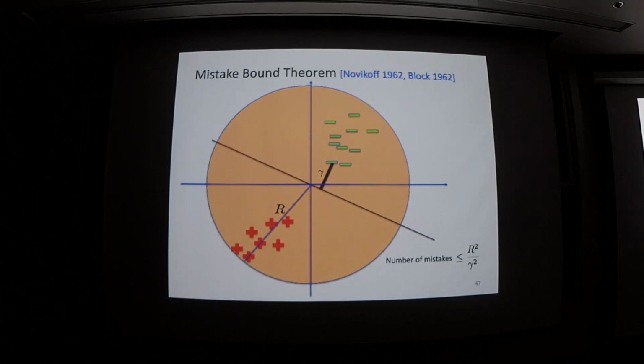So the number of mistakes is bounded by that number, but when the data is separable, after running the algorithm we will get no mistake. This is the number of mistakes throughout running, in total.